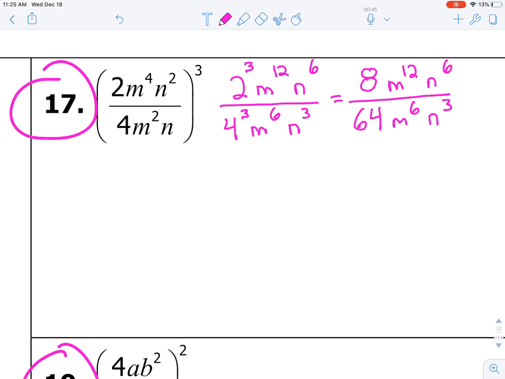I can divide both of those by 8. And 8 divided by 8 is 1. 64 divided by 8 is 8. And then I subtract 12 minus 6. And 6 minus 3. Or you could write 1/8.